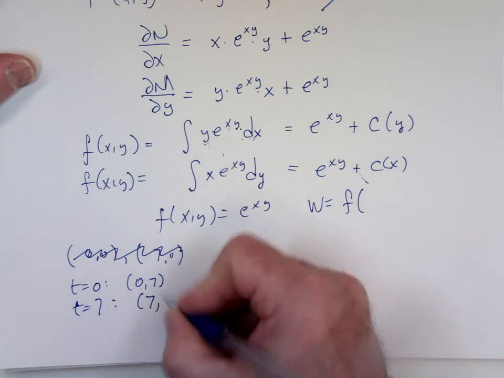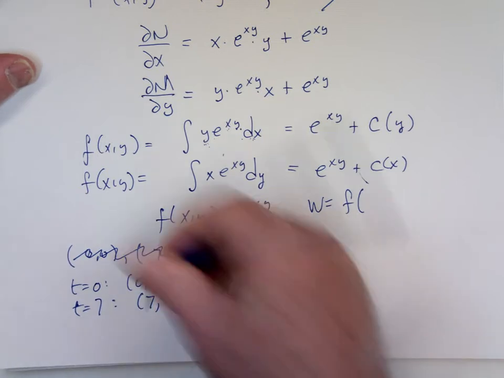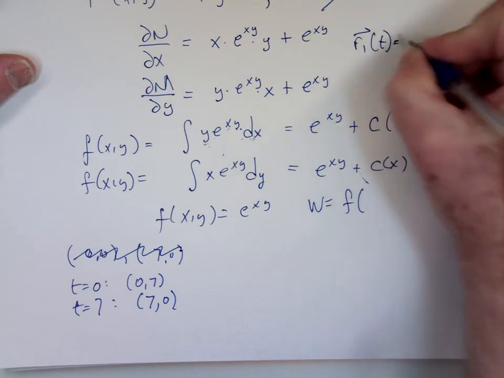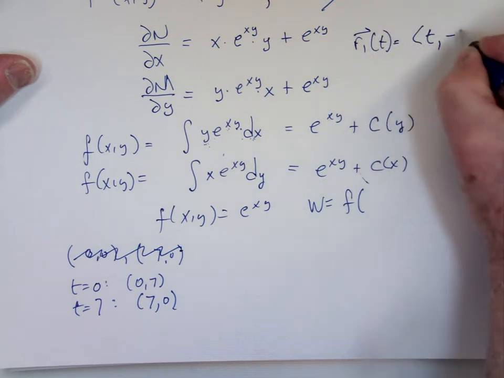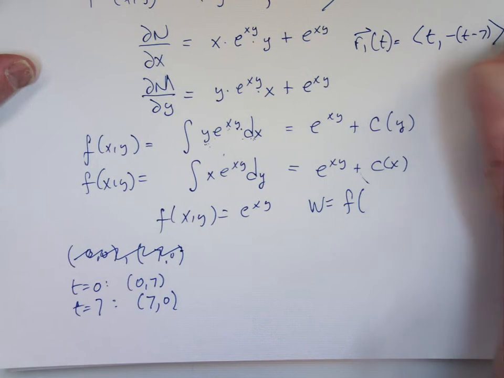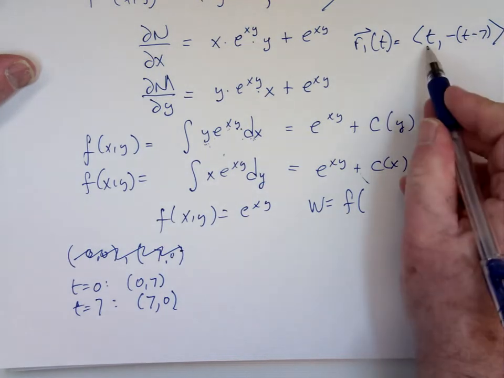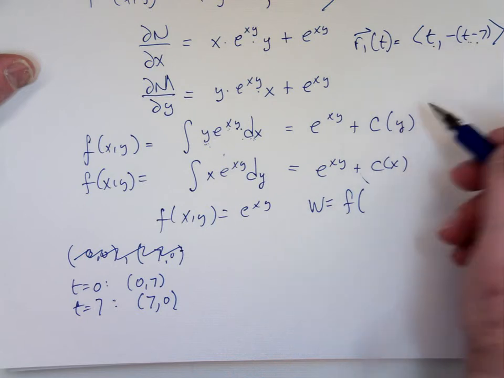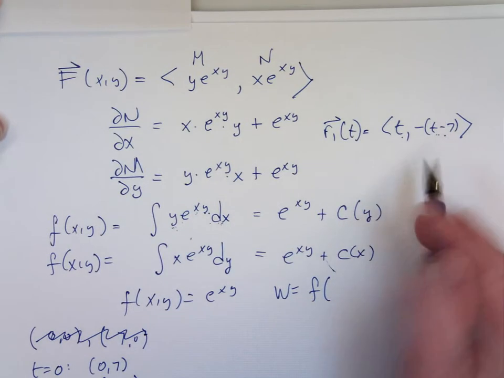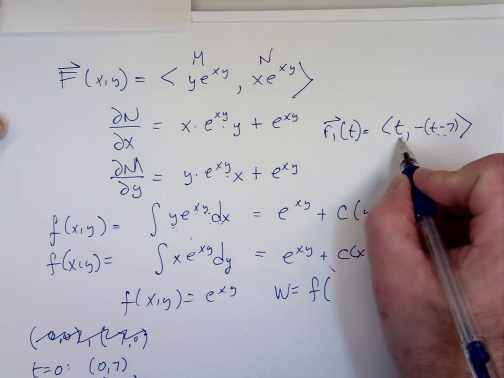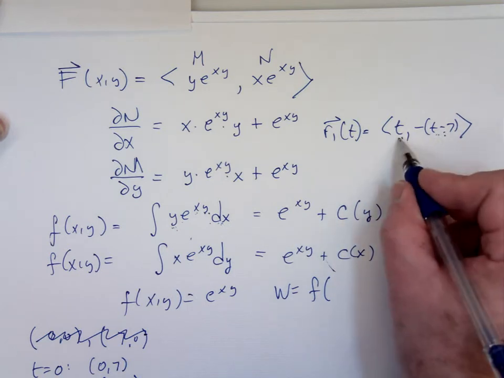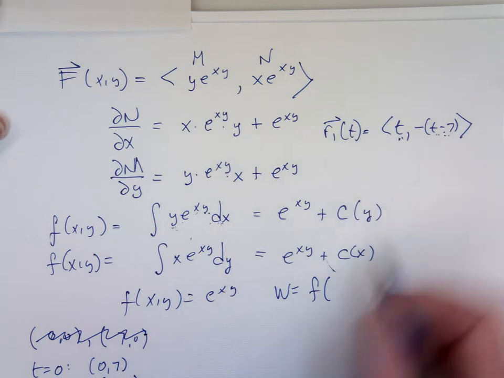How are you getting those points? I'm going back to my definition of my parameter, which is t, opposite of t minus 7. That's what they gave us. So I'm letting t equal 0 to find out where I'm starting, and letting t equal 7 to see where I'm ending. So I'm putting a 0 in here and getting 0, 7. I'm putting a 7 in here and getting 7, 0. Because we're moving from 0 to 7.